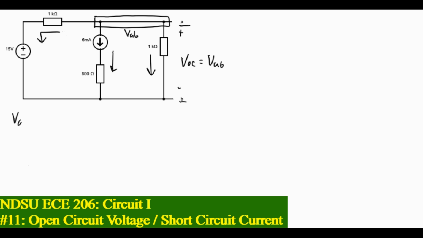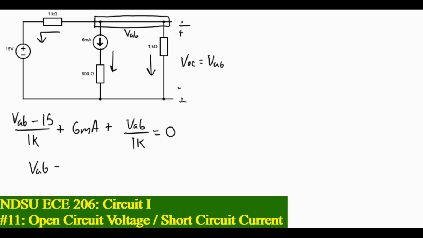We're going to have VAB minus 15 volts over 1K plus that's 6 milliamp plus VAB over 1K equal to 0. Let's skip a few steps and solve just for VAB. It's going to give us 4.5 volts for VAB.